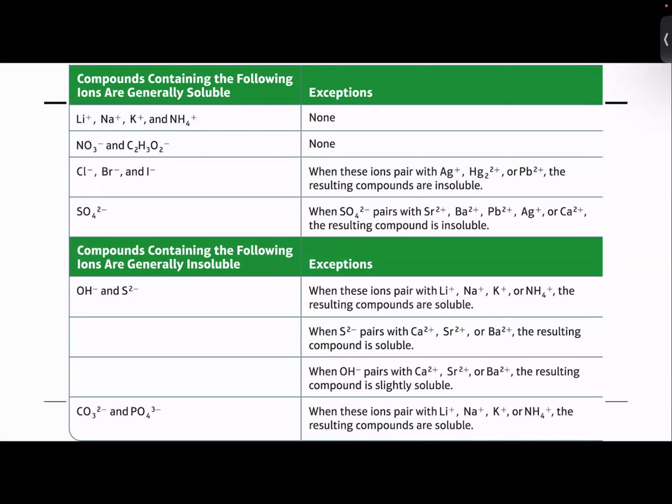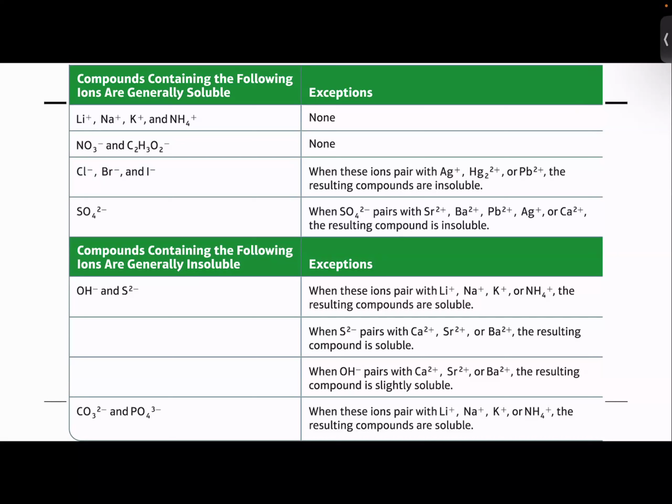Carbonates and phosphates almost entirely are insoluble compounds unless they're combined with rule 1. That's why rule 1 is so important. Rule 1 lists several of the exceptions right off the bat. Any questions about the solubility rules? You will be using the solubility rules to work with some of the reactions that you'll be performing today.